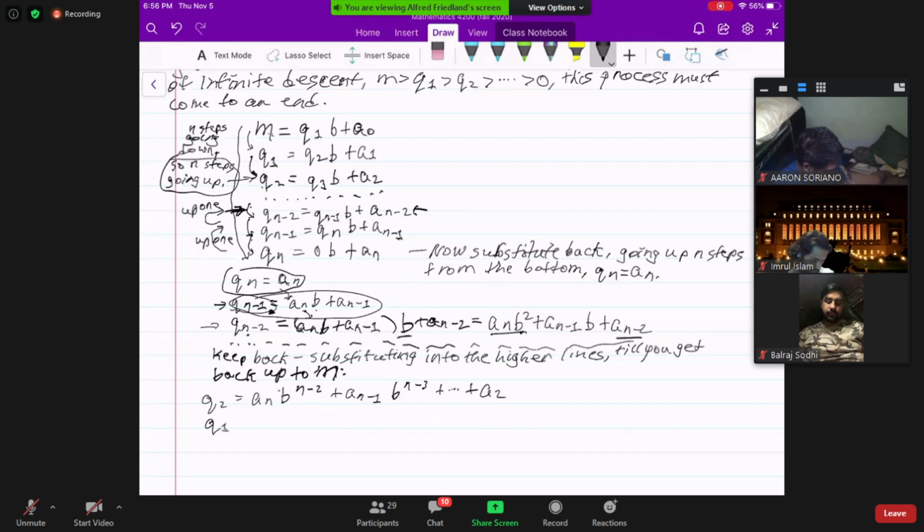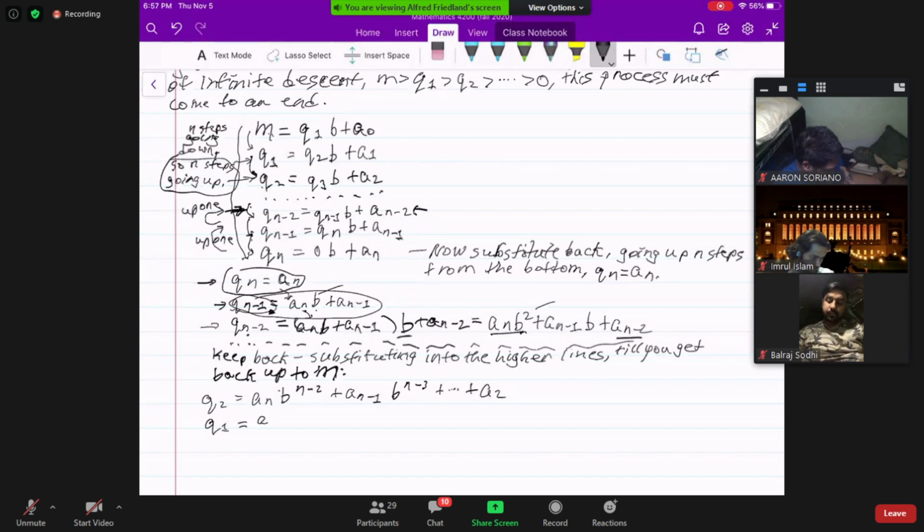Going up to Q sub 1, we're on the way up to m. Want to see what m looks like. So what's happening here? Each time we go back up, over here we have no B at all, it's B to the 0th. Here we have B to the 1st. Here we have B to the 2nd.